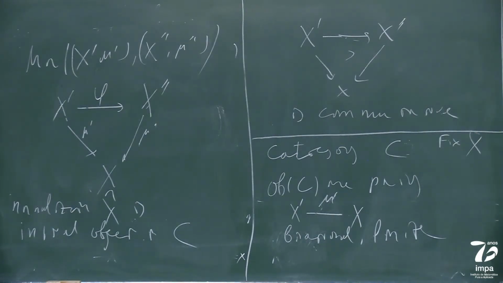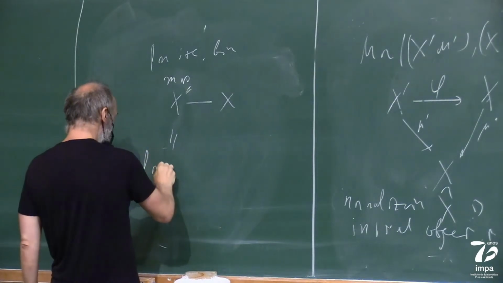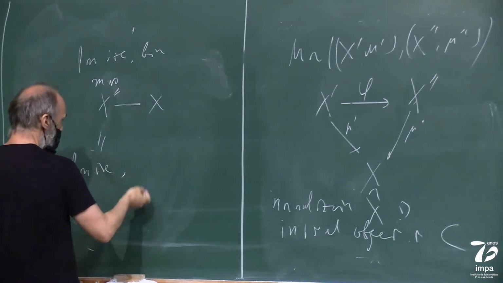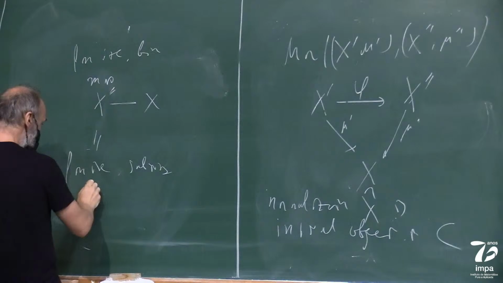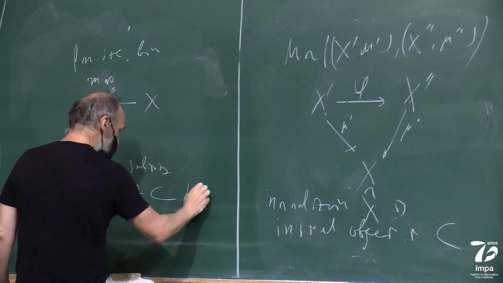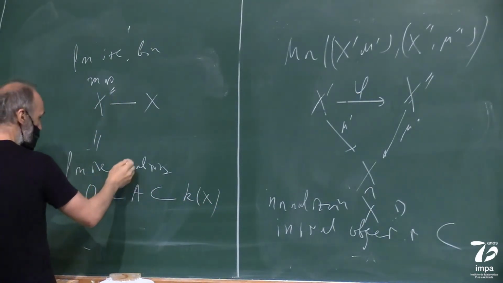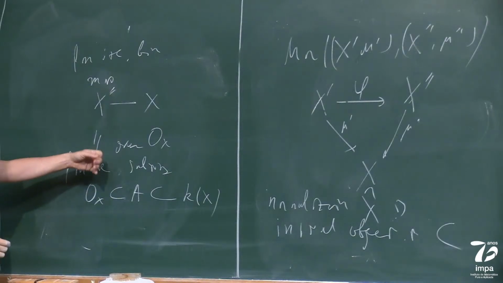So a finite birational map x prime to x double prime to x is the same as a finite subring intermediate between OX: you have OX contained in A, contained in K of X, and A is finite over OX, so it's finitely generated as an OX-module.